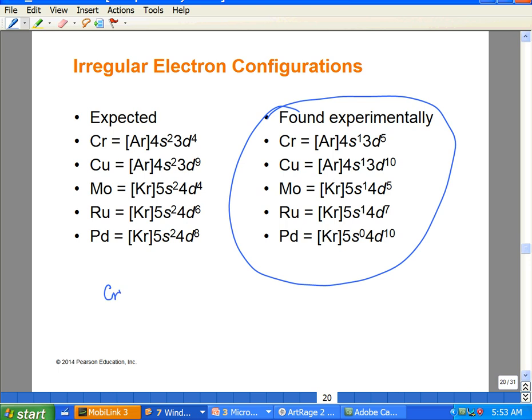We would expect to go in and write argon, which is the noble gas that precedes it, and then go to the next level and write 4s2, and then fill the remainder up with 3d4. But it doesn't happen like that in nature. And so the only thing we can do is memorize that this is an exception. So instead of doing this, chromium feels like this.